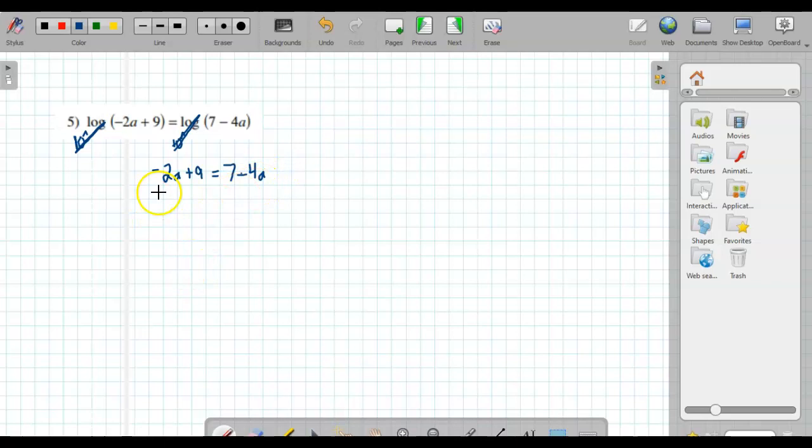And we're going to solve this simple equation. So we're going to add 2a. Actually, I could add 2a, but let's add that 4a so we don't have negatives to deal with. Let's add that 4a.